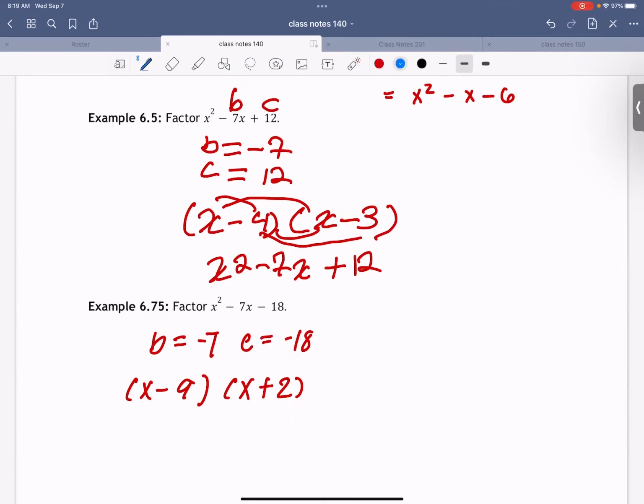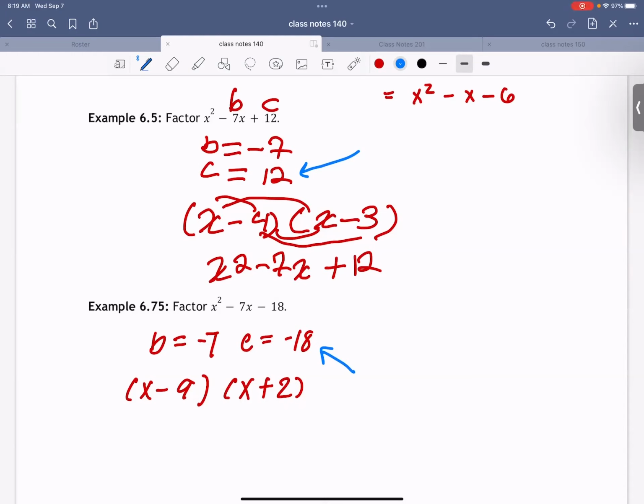One thing, if you're ever confused, like which numbers to even look at, because you have to find numbers that add to this number, multiply to this number, where I would start is looking at the factors of the last number. Okay, it's a lot easier to find two numbers that multiply to something than two numbers that add to something. So there's actually an infinite amount of numbers that add to a specific number, right?